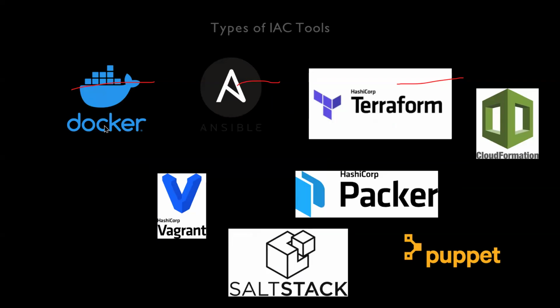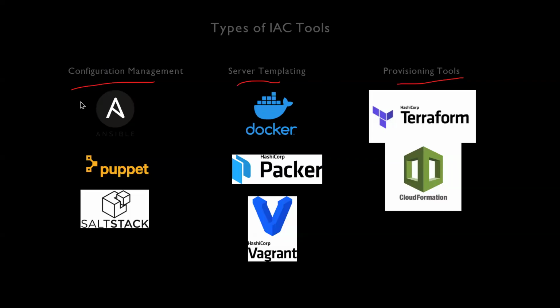Even Docker is considered an IaC tool, but it is meant for server templating. So in general, all these IaC tools are categorized as configuration management, server templating or provisioning tools. Under configuration management, we have Ansible, Puppet and all. Under server templating, we have Docker, HashiCorp Packer and Vagrant. And provisioning tool means it can be Terraform or your CloudFormation.